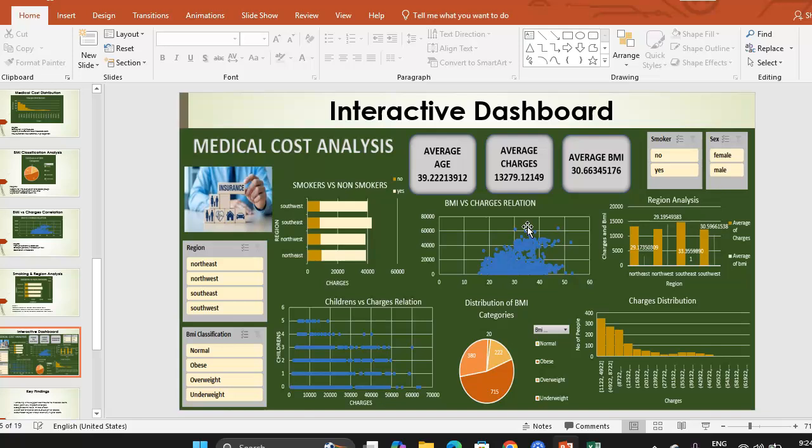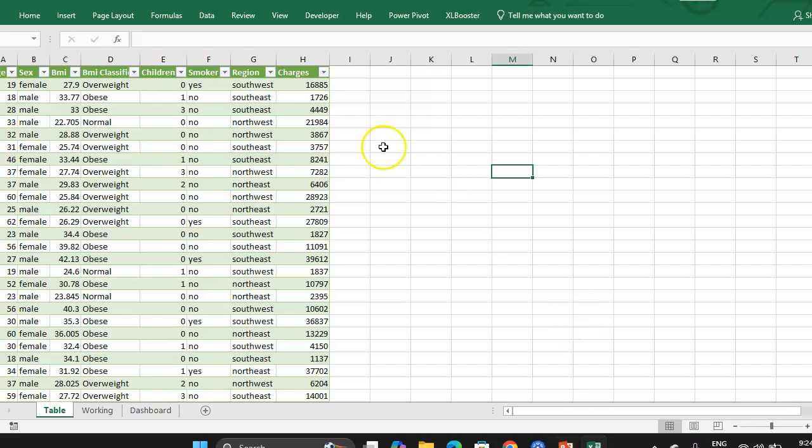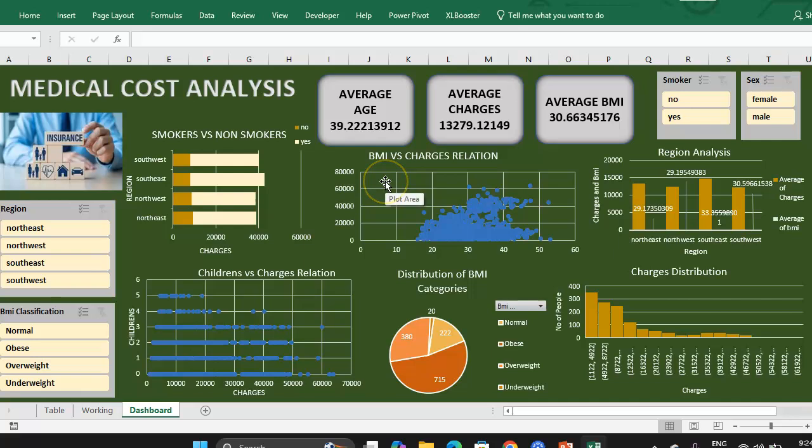Then the final dashboard. Now I will explain the dashboard. At the top I have included KPI cards showing average age, average charges, average BMI. On the left side, slicers allow users to filter data by region and BMI classification. On the right side, additional filters are available for smoking status and sex or gender.